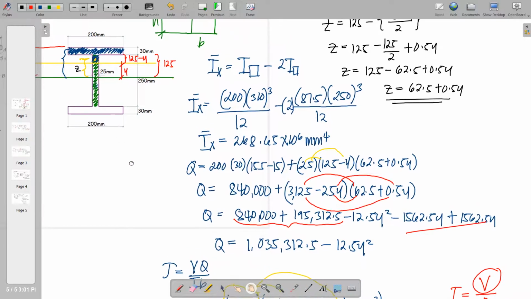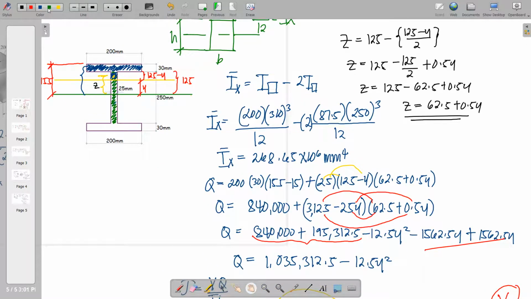So meaning if this is the zero line, we need to integrate our y from this portion up to this portion.